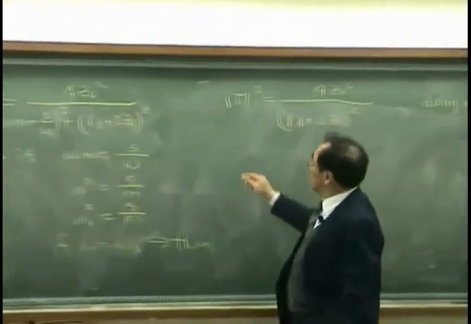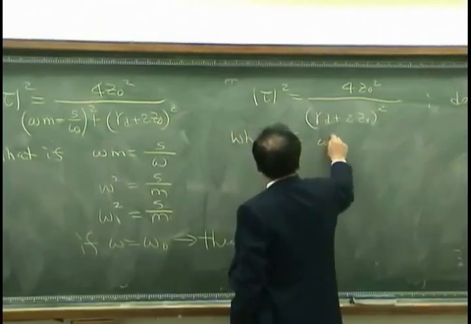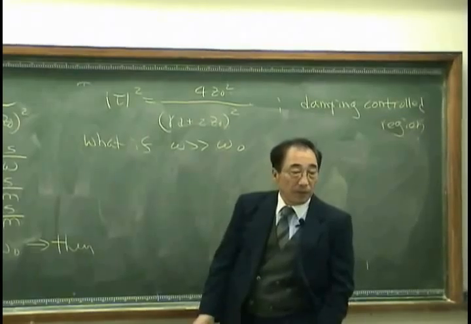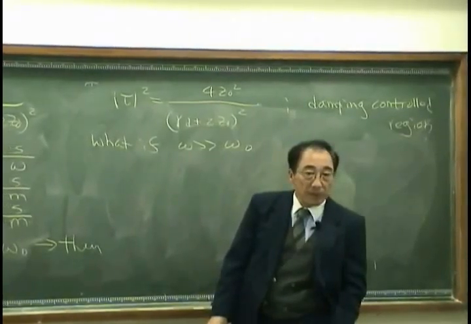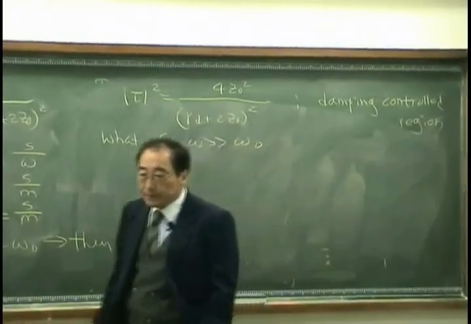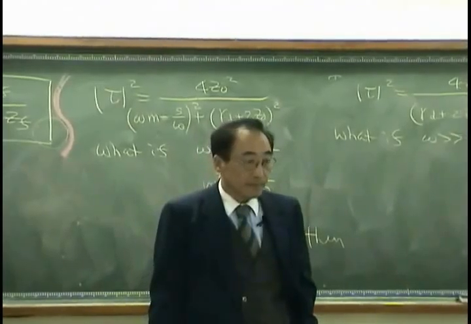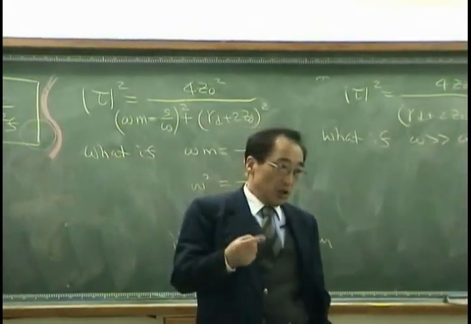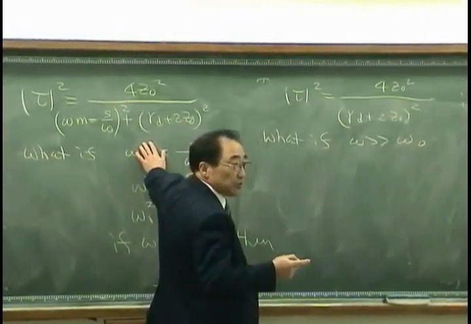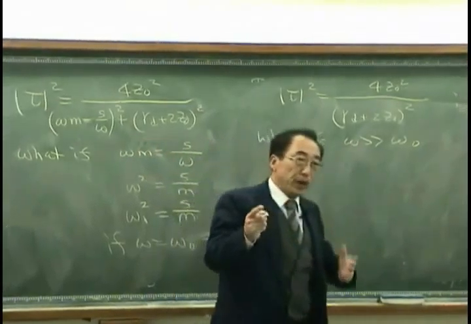Okay, next, what if omega is very, very high compared to omega 0? This motivated us to write down this transmission magnitude square expression with respect to omega 0, right?